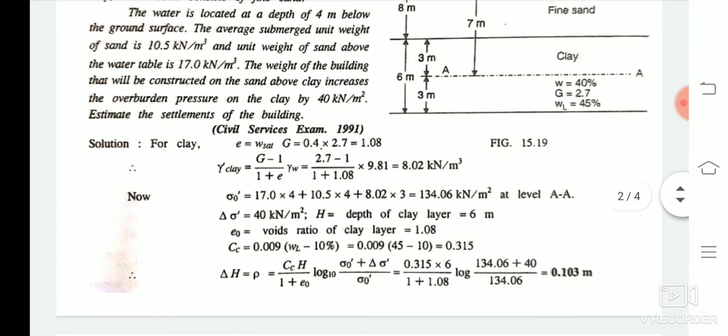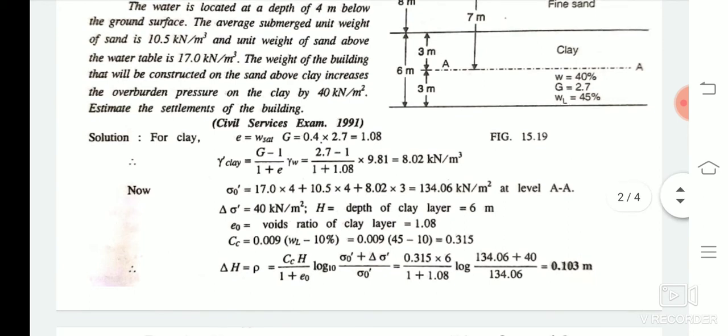So here the specific gravity G is given as 2.7, minus 1, divided by 1 plus the value of e that we have found as 1.08, multiplied by the unit weight of water, that is 9.81. So we can find the submerged unit weight of the clay as 8.02 kilonewton per meter cube.